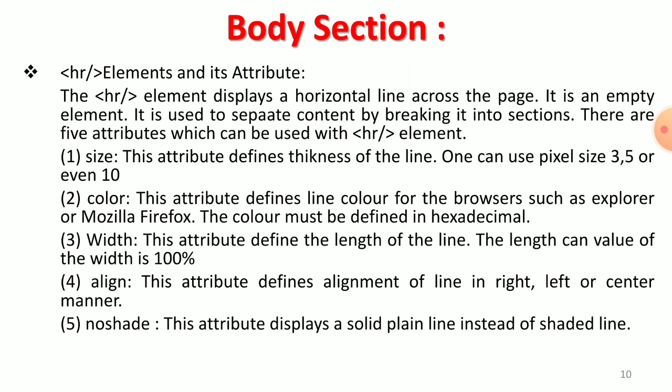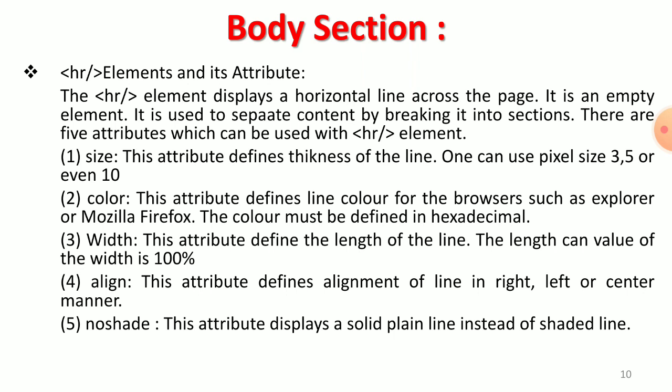Next topic, new topic, hr. hr means horizontal row, elements and its attributes. The hr element displays a horizontal line across the page. It is an empty element, that is a single tag, not a pair tag.